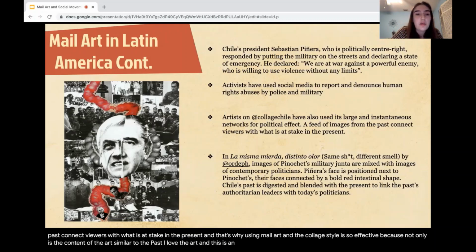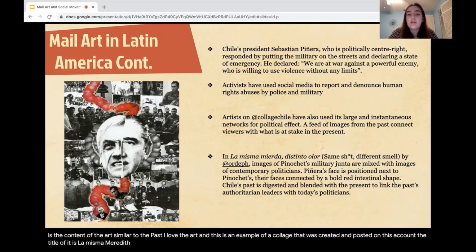And this is an example of a collage that was created and posted on this account. The title of it is La misma mierda distinto olor by user Ordef. And it has images of Pinochet's military mixed with contemporary politicians.